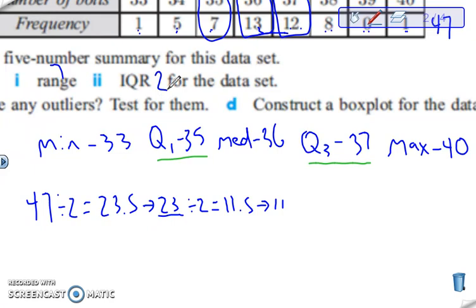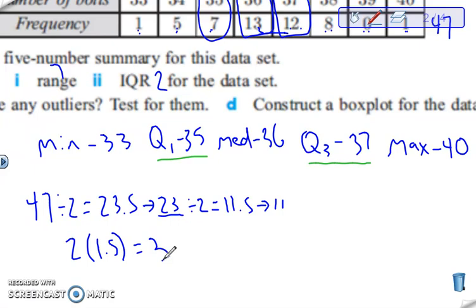So if I take 2, multiply by 1.5, that gives me 3. So anything that's 3 more than Q3 or 3 less than Q1 counts as an outlier.